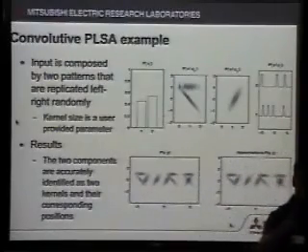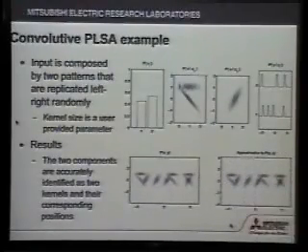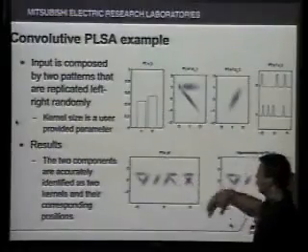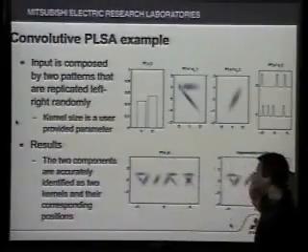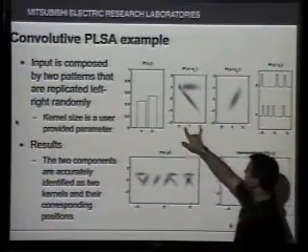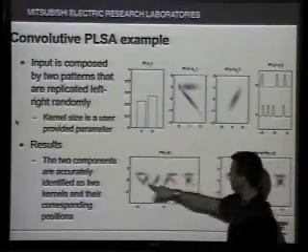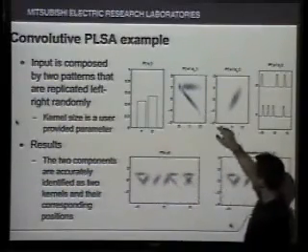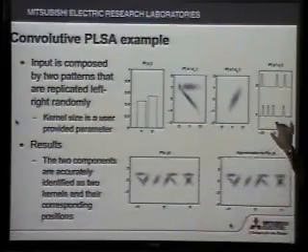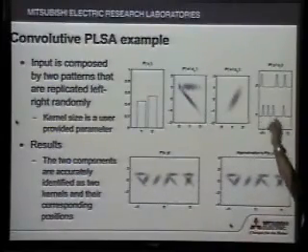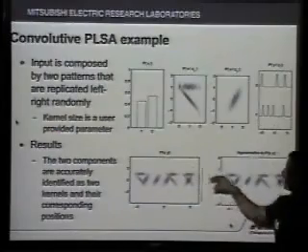So we have the same distribution repeated on the left-right axis in some random way. If we do this type of analysis, we're essentially going to try to find a bunch of kernels that duplicate on this axis. If we train with a convolutive PLSA, we can get a kernel which looks like this, which is the one repeating component, the other one looking like this. And then the impulse distribution is going to describe how these kernels are going to be placed on the left-right axis.